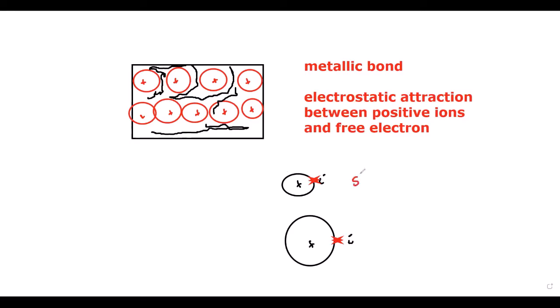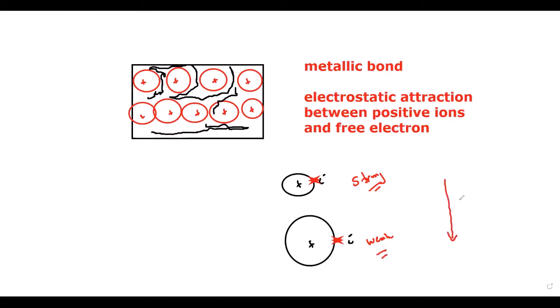So this one will have a strong attraction because the net charge on this ion is +2, and it is attracting the electrons, and the electrons are closer to the positive ion, or we can also say the nucleus of this positive ion. But in the second case, as the size increases, the distance between the nucleus and the delocalized electron also increases, so attraction decreases, which leads to a lower melting point.